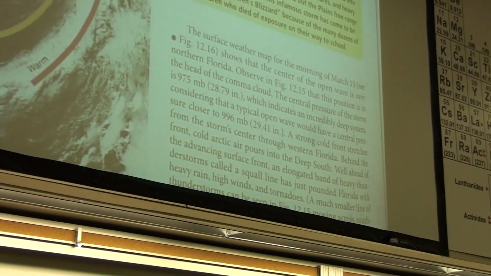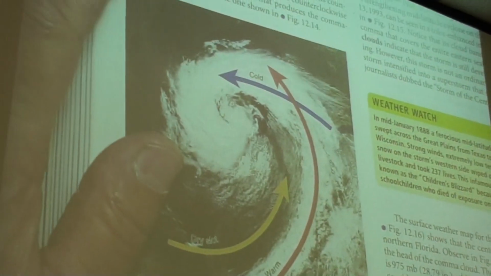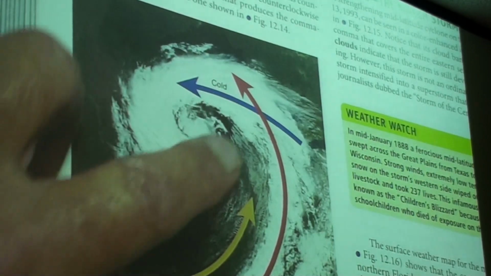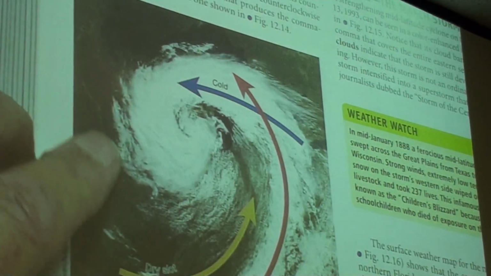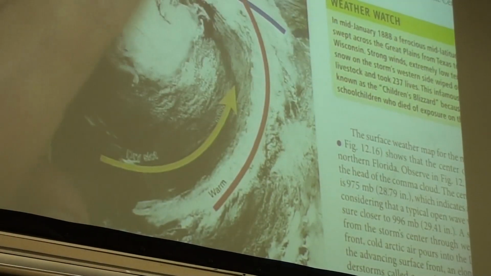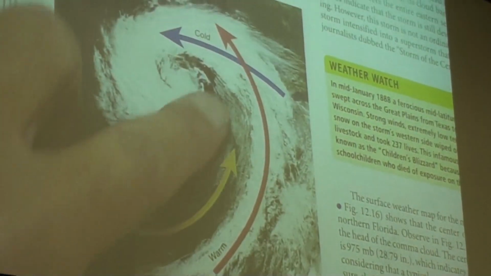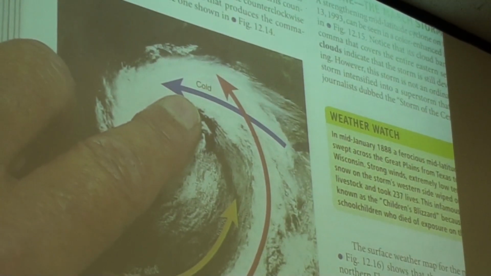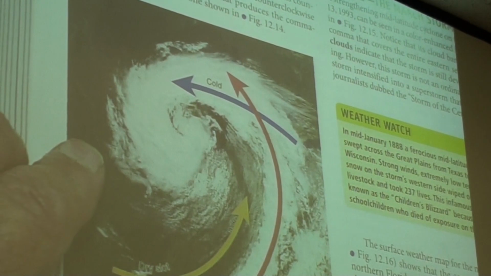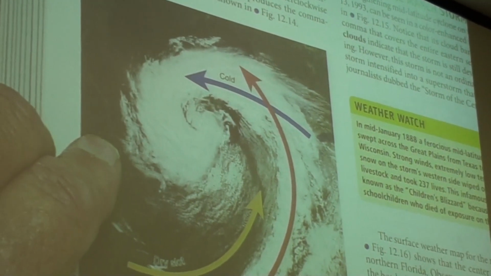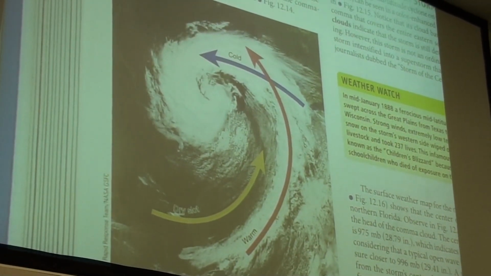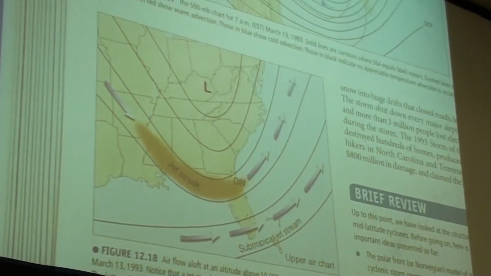And so here we see this circulation, here's the low, the center, and we see this circulation then of cold air and warm air, this kind of a classic pattern for what the mid-latitude cyclone would look like.